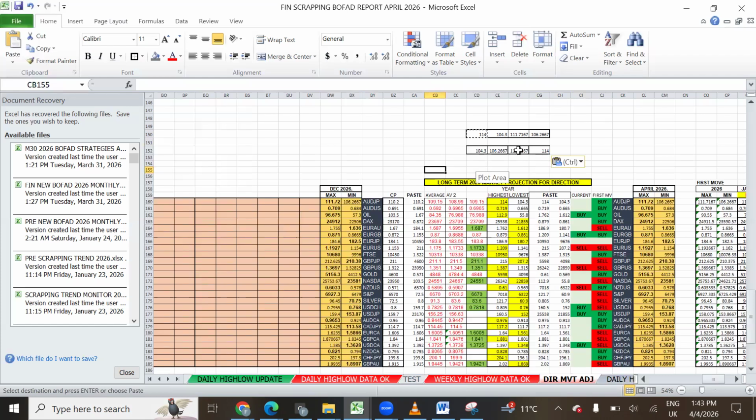So when the current price is in between this, 114 becomes a buy, 111.7 becomes the sell. When the current price comes in between this, 111.7 becomes a buy and 106 becomes a sell. And when the price comes between this, 106.2 becomes a buy and 104.3 becomes a sell.